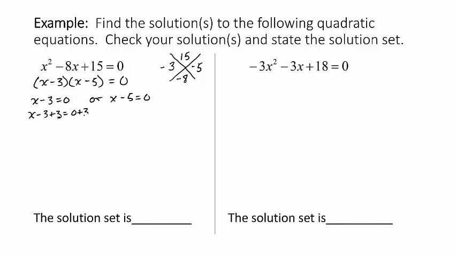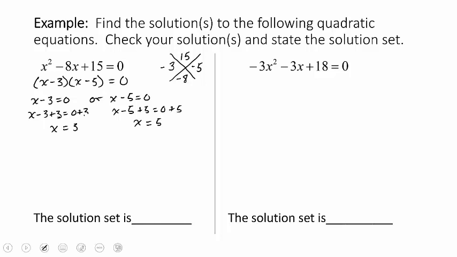Okay. Over here with x minus 3, I'm adding 3 to both sides, so I'm going to have x is equal to 3. And over here with x minus 5 equals 0, I have to add 5 to both sides. So I'm going to be left with x is equal to 5.